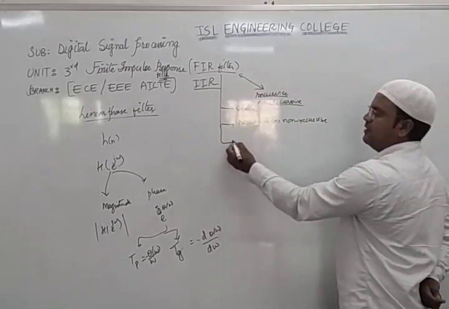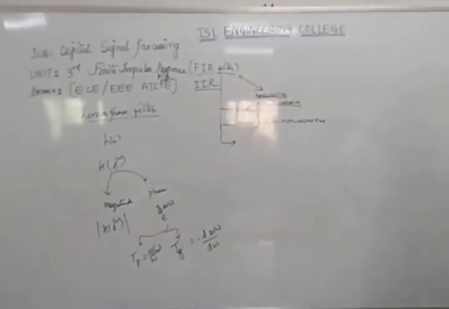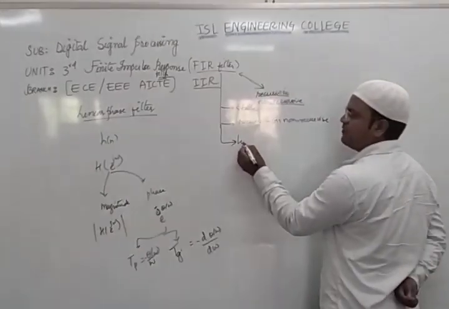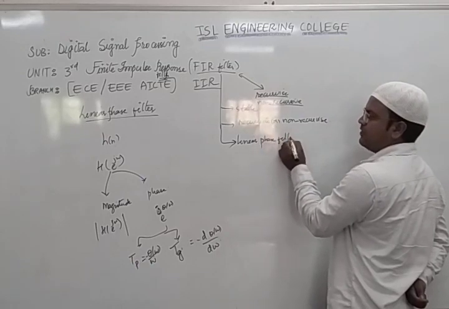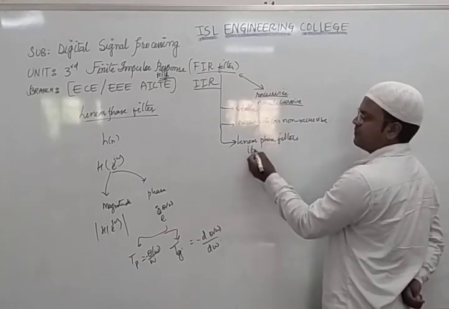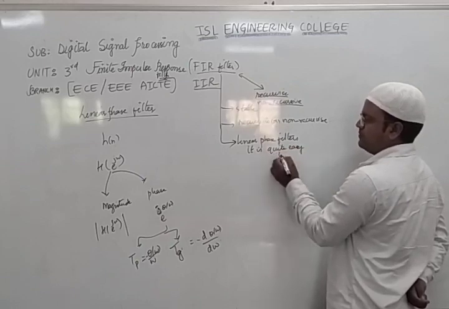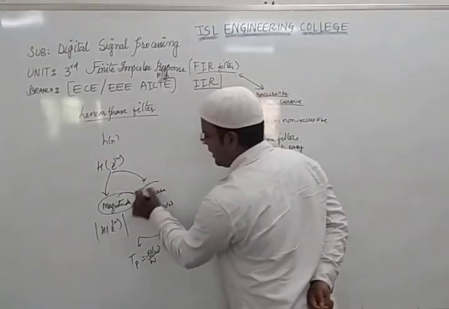Next, third point, for designing this particular filter, we require linear phase, which can be easily designed. Because we are using linear phase filters, it is quite easy to design, because the design depends upon your magnitude and your phasor form.